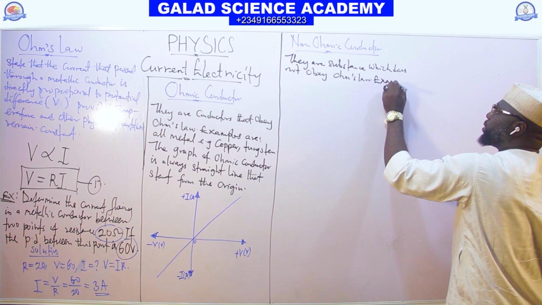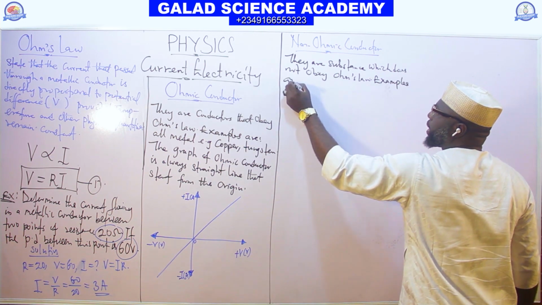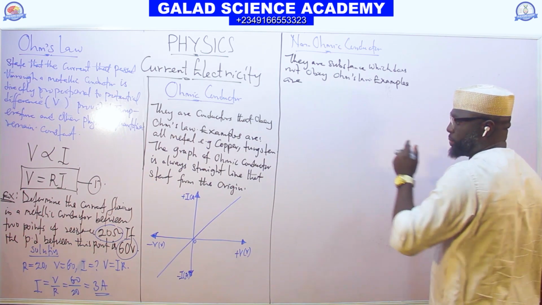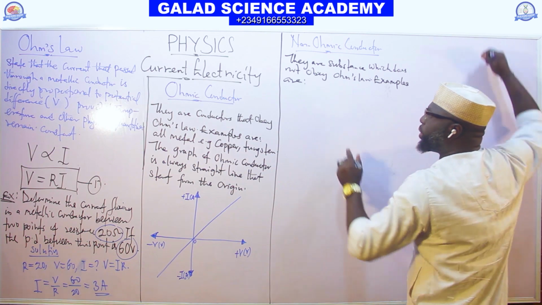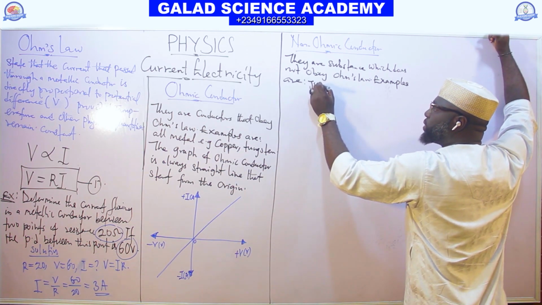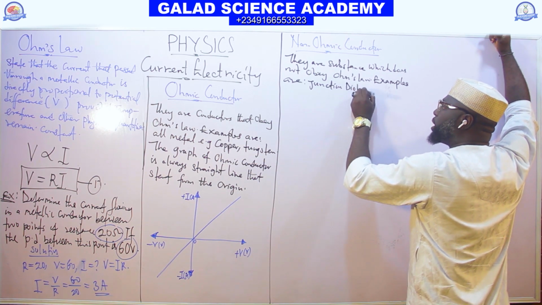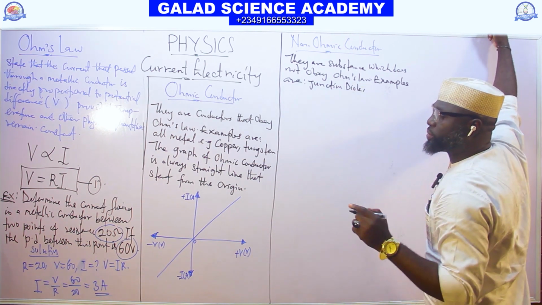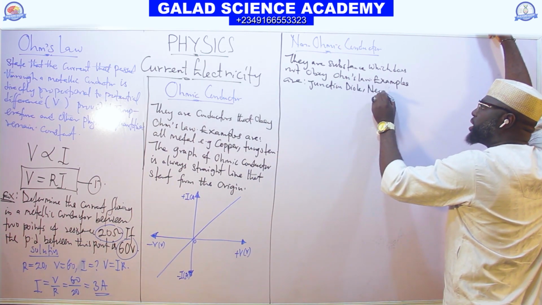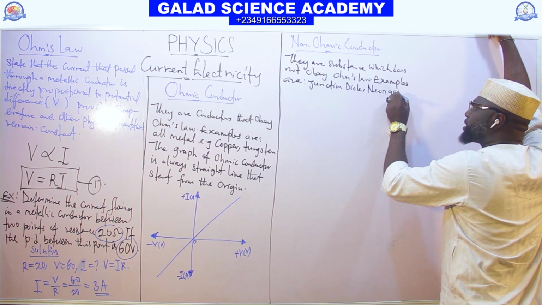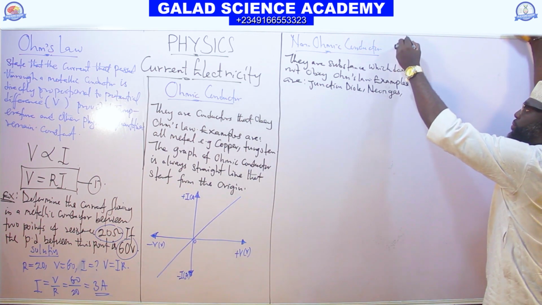Examples of non-ohmic conductors are junction diodes, which are PN junctions.